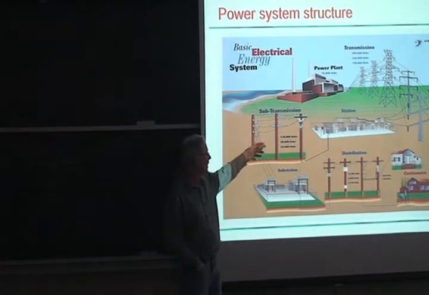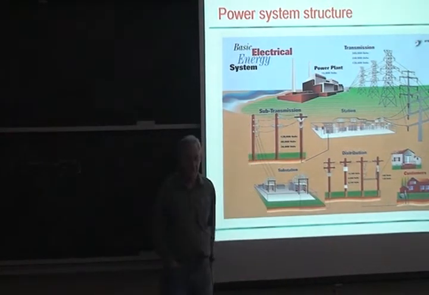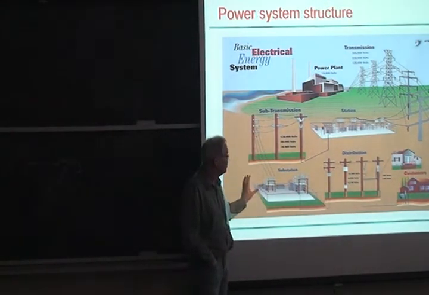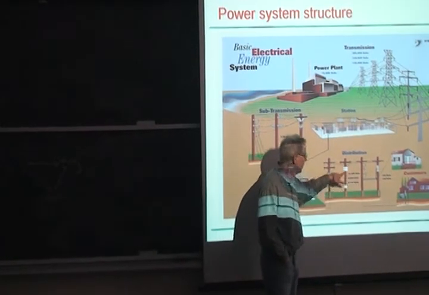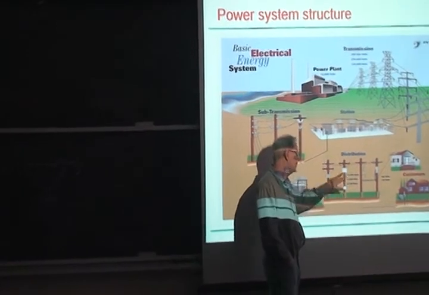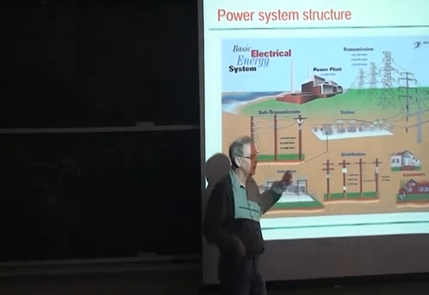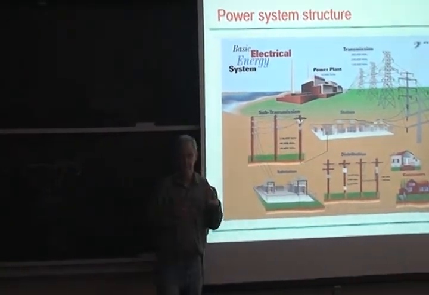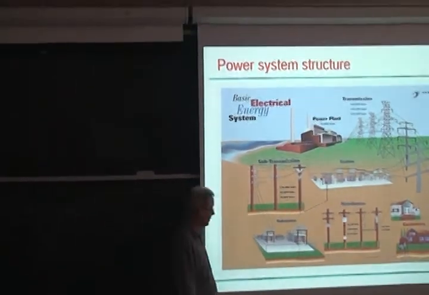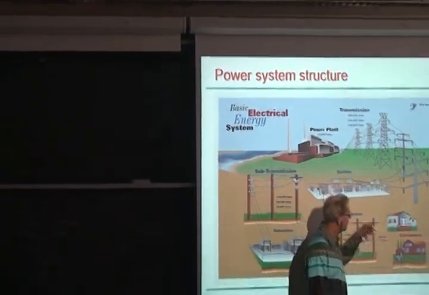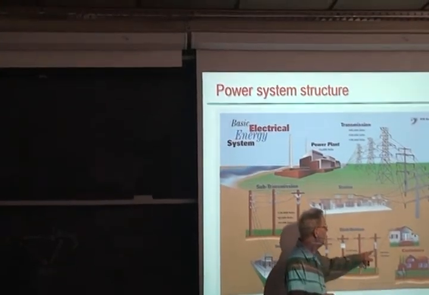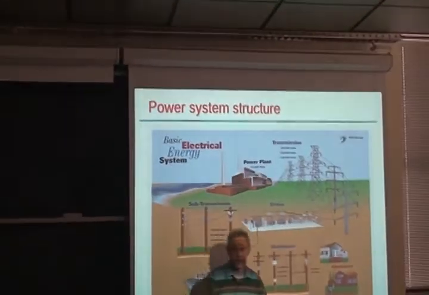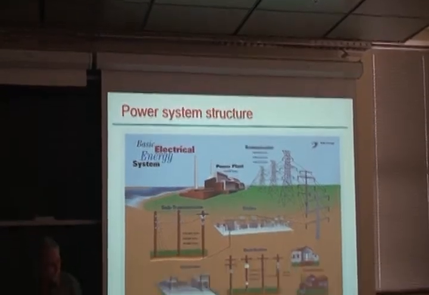It's still up in the 120 to 40 kV type range. It then gets transformed down to the 13 kV to 4 kV type range, which is the lines that you see out around the residential area. And then we're probably all familiar with seeing these pole top transformers that are connected to the customers at the end.